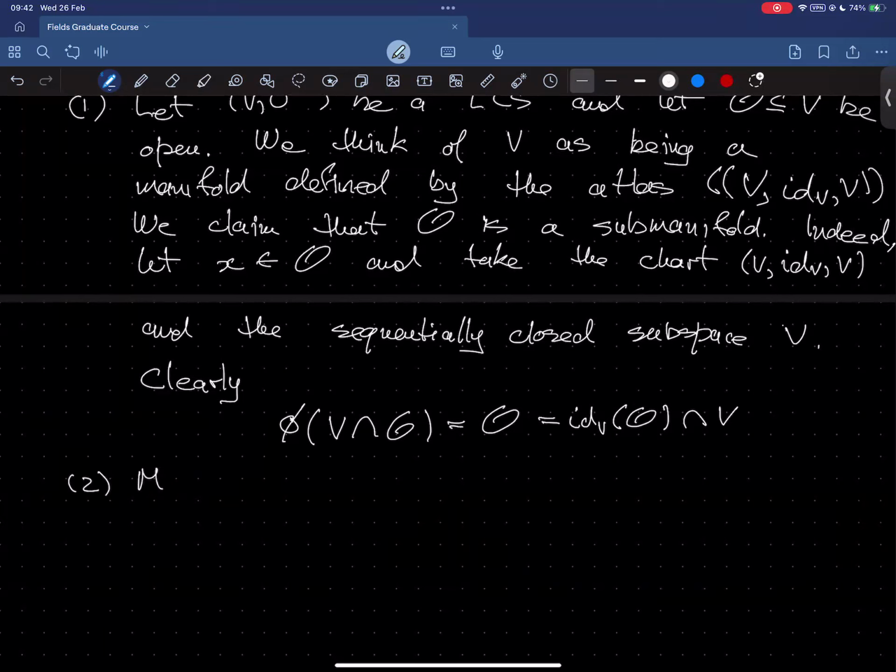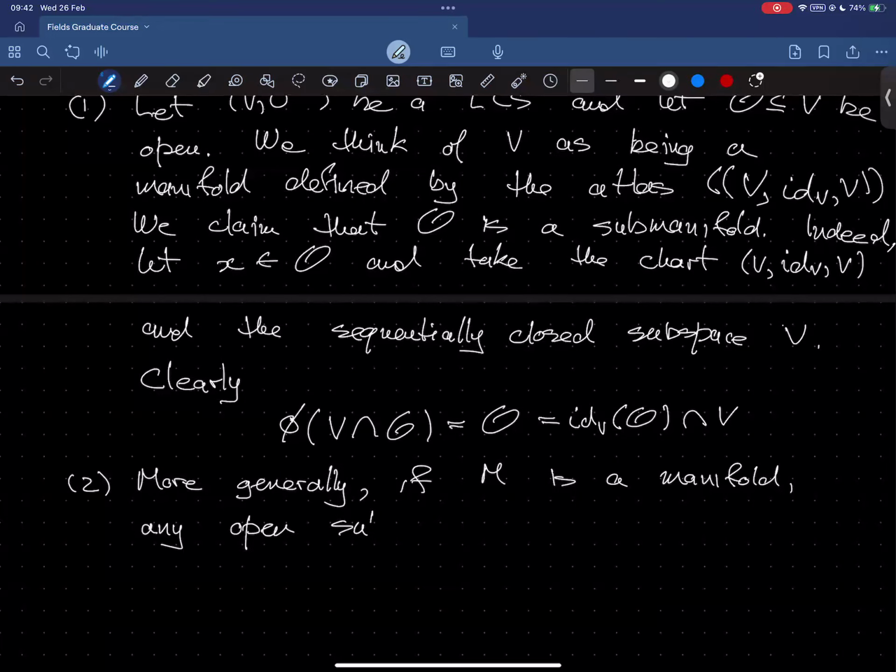Okay, more generally, if M is a manifold, any open subset of M is a submanifold.